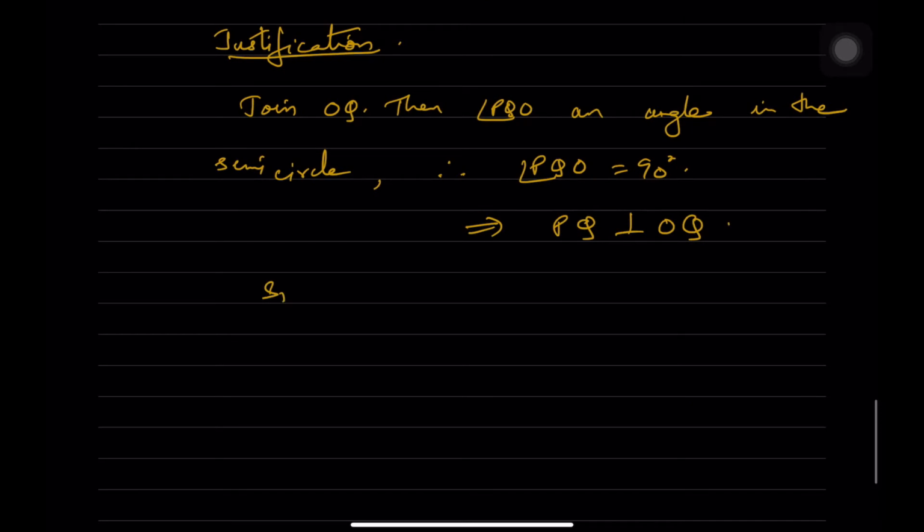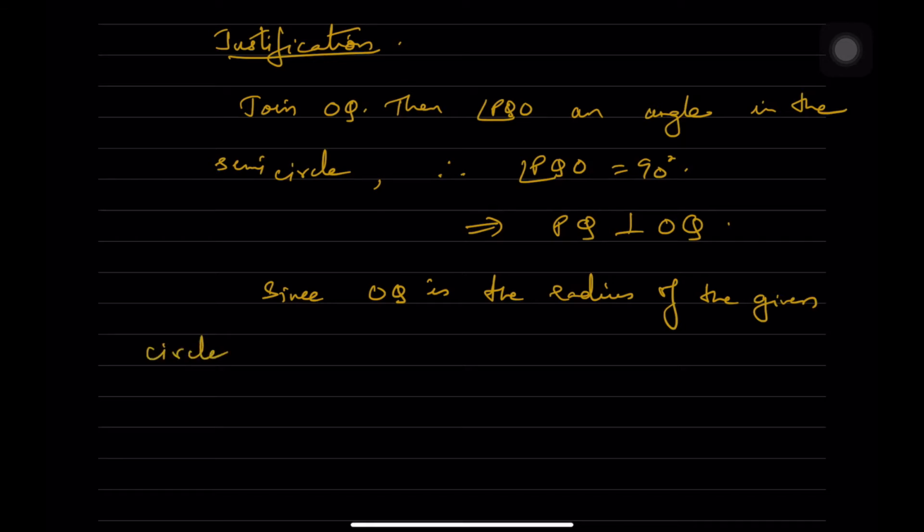Since OQ is the radius of the given circle, PQ has to be a tangent to the circle.